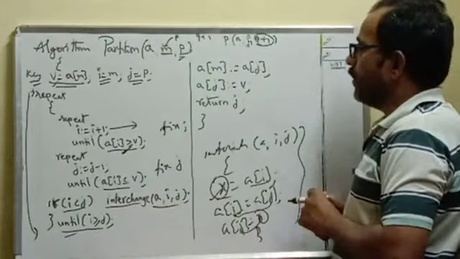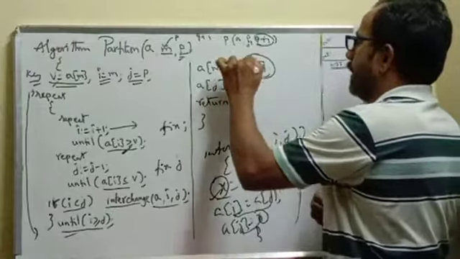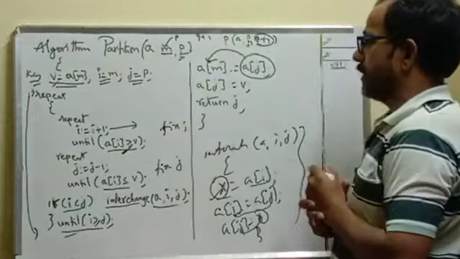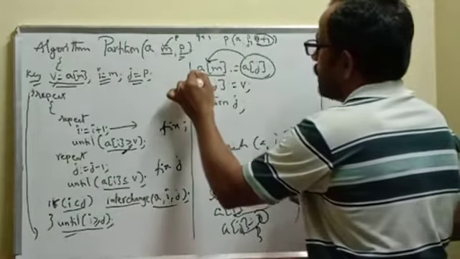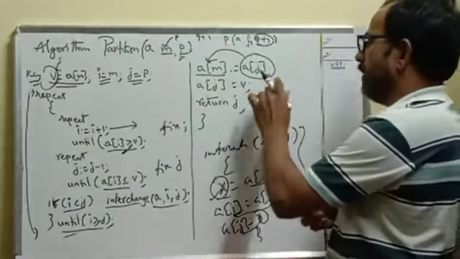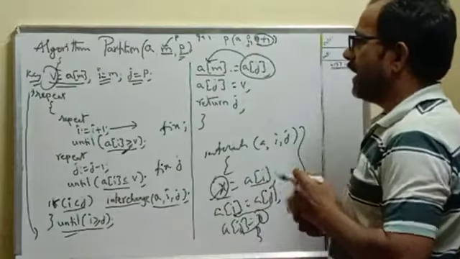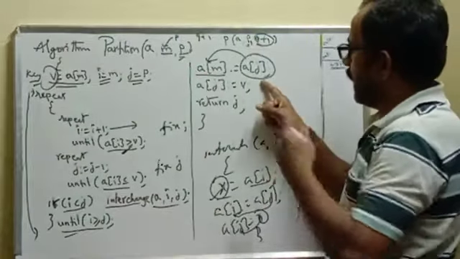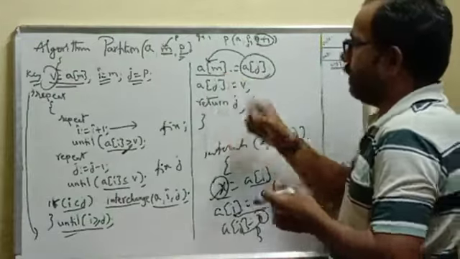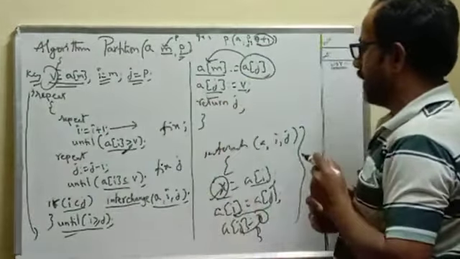Then what are we going to do? Simply, whatever the jth location element is, copy that jth location element into the mth location. Anyway, we already safely placed A of M in V. No need to worry, because after copying A of J into A of M, it will be overwritten or replaced with A of J. But on the safe side, we placed A of M in V. Then we can directly copy V into A of J. This is clear now.